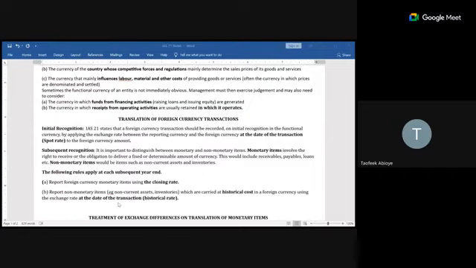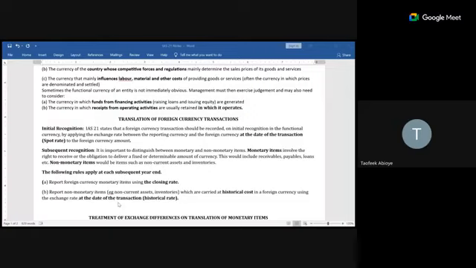So let's pick it one after the other. But let's recognize very well that at initial recognition, the exchange rate will be the spot rate, that means the date of the transaction. If I want to buy the machine next week, I can't use the exchange rate as at tomorrow. Hope we get that. If you get that, please let's react. If you do not get that, I can repeat once again before we move on.